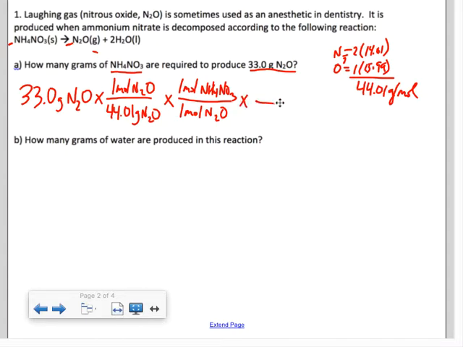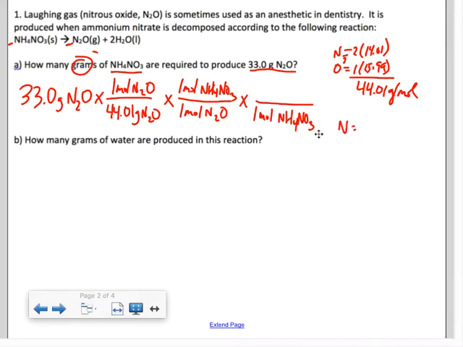And they want to know, hey, how many grams? So I need 1 more conversion. Basically, I'm going to multiply by the molar mass. So 1 mole of NH4NO3. Well, how many grams is that? So I figure out the molar mass of that.